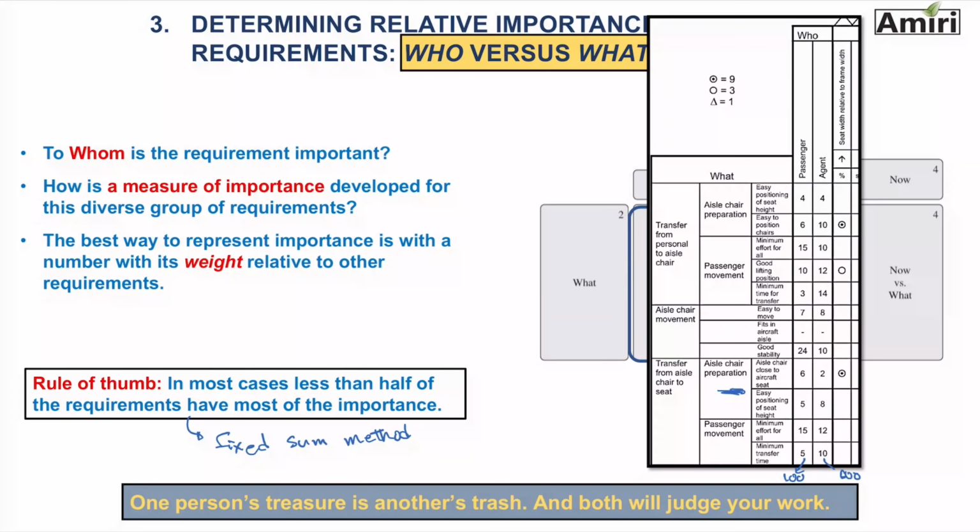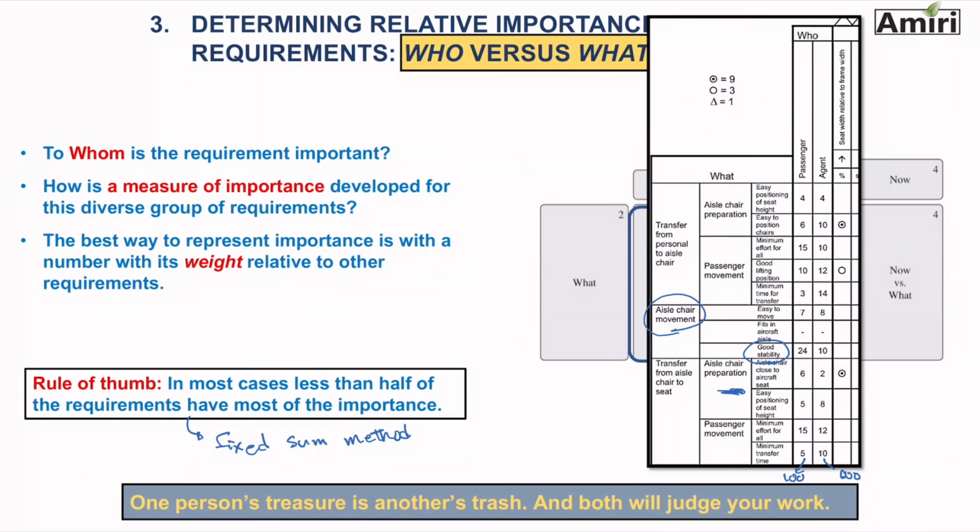In the example, if you're following along, these are percentages, or weights, of how important some aspect is to the customer. For example, for the passenger and for the agent, one of the ones that has a high weight is the aisle chair movement and good stability.